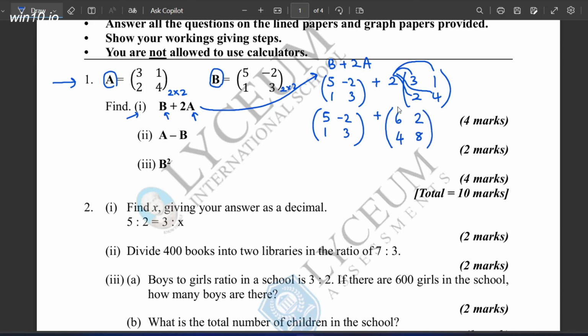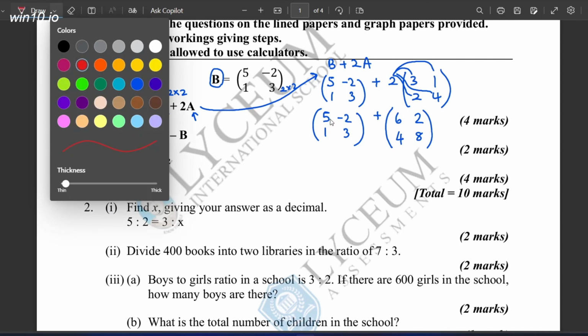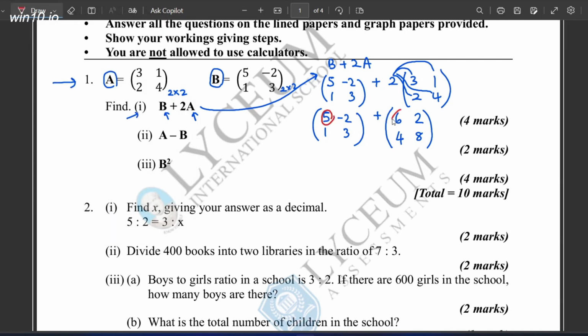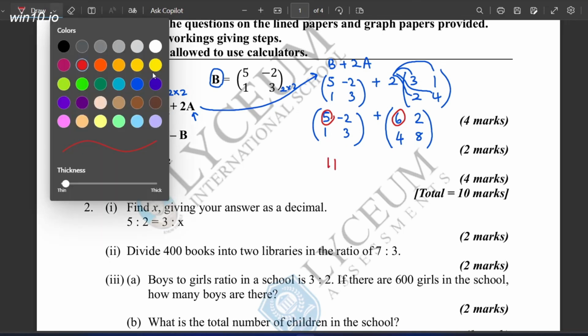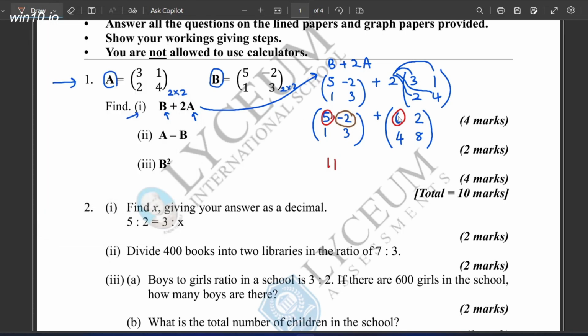Okay. So now we have to add. We add the corresponding elements. We add this and this, so that's 11. Then we add this and this. Then we get 0.